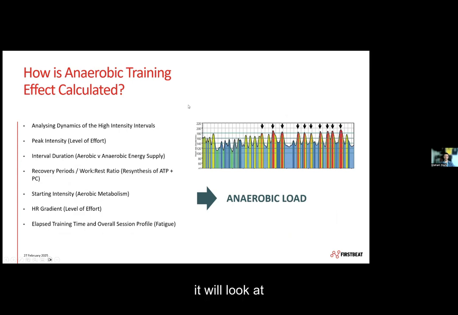It will look at the peak intensity of the part of work. It will look at the interval duration, so how long is it? For example, if you're stretching into 2, 3, 4 minutes, then the bulk of that is going to be aerobic rather than anaerobic, while the earlier parts of that interval might be more likely to be anaerobic.